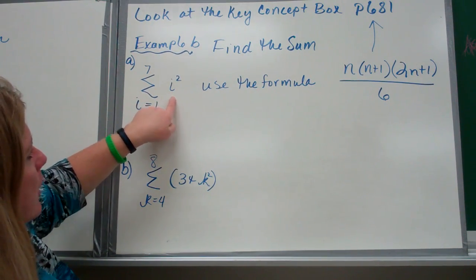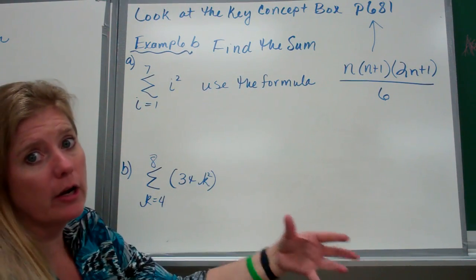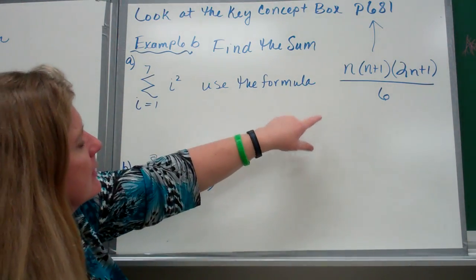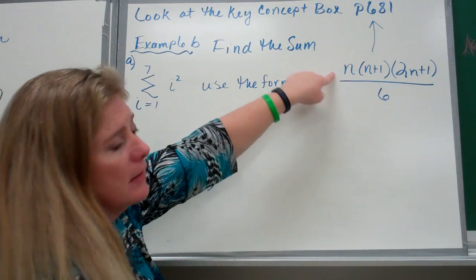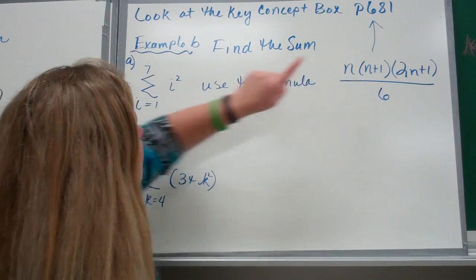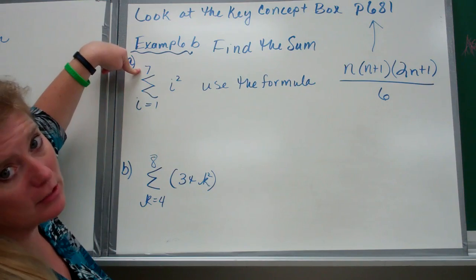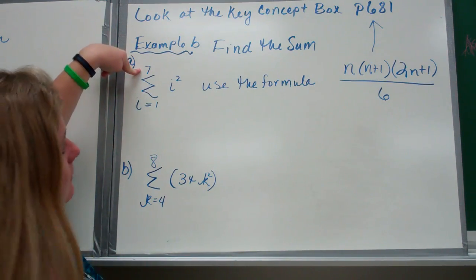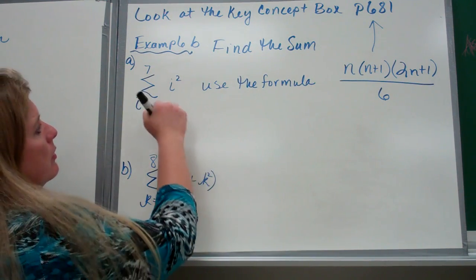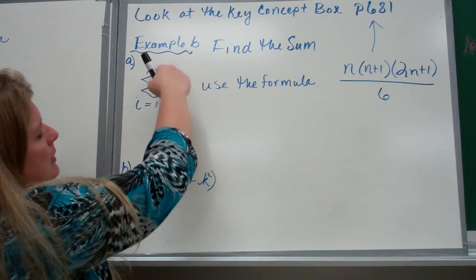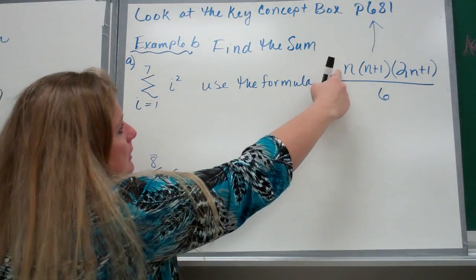For an i squared, or anything that's a square function, for the sum, the formula is like this. Okay, where n is going to be the last term in the series. Okay, so what we're going to do to find this sum from 1 to 7, we're just going to plug in a 7 right here.